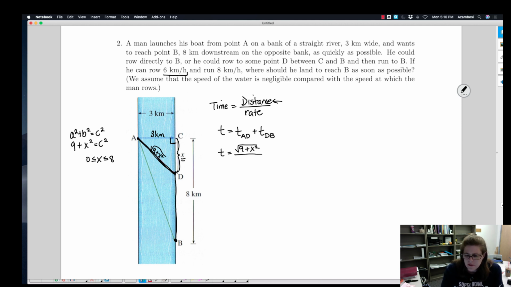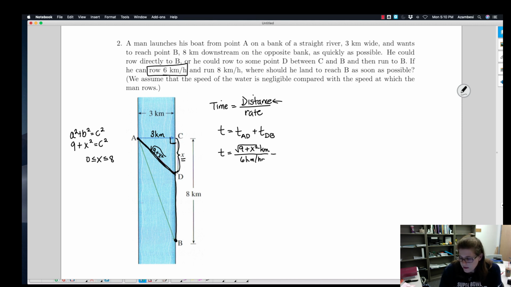It says that he can row 6 kilometers per hour. This distance up here is in kilometers.